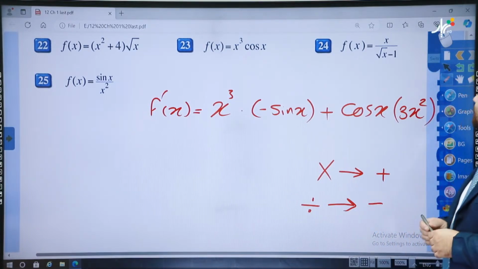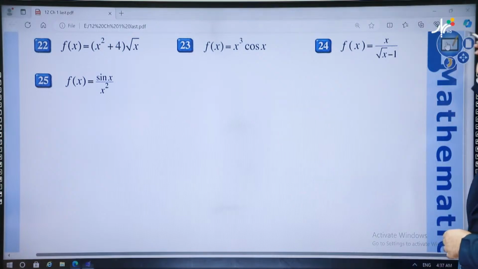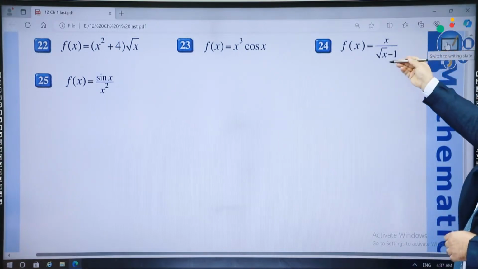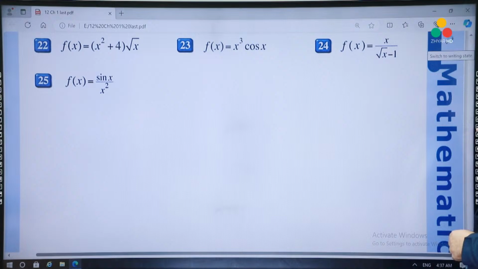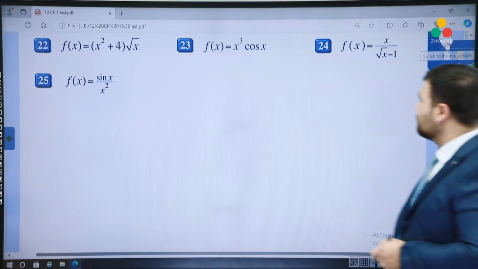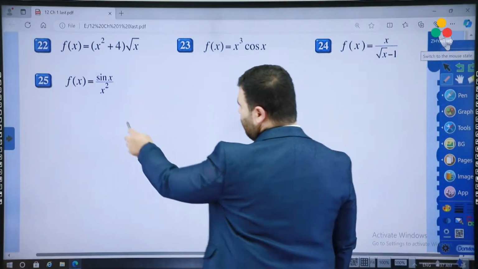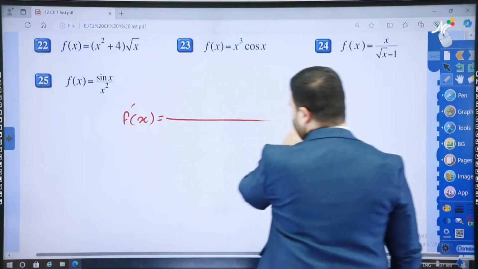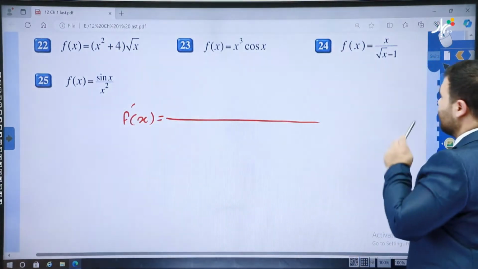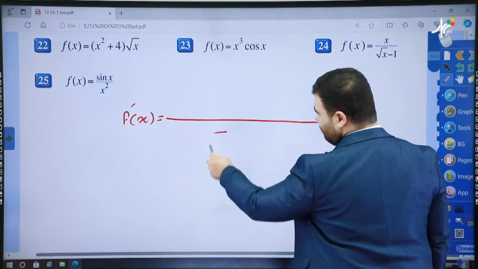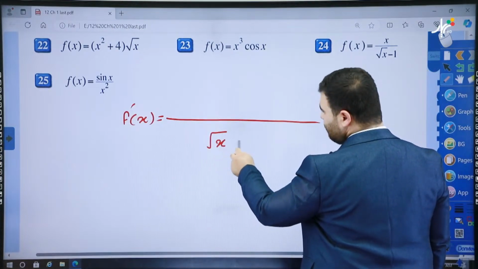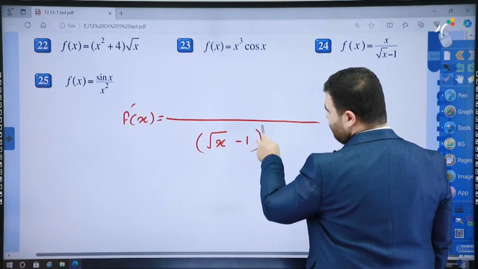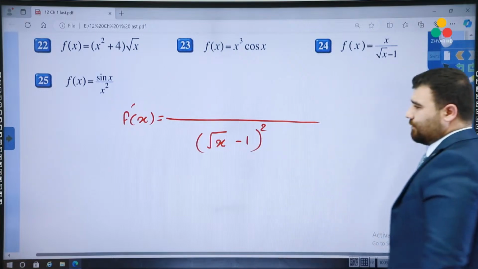Question 24. We can use the product rule to take this up, or we can use the quotient rule. Let's use the quotient rule. A big fraction, denominator power 2.